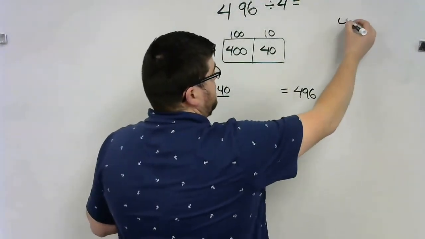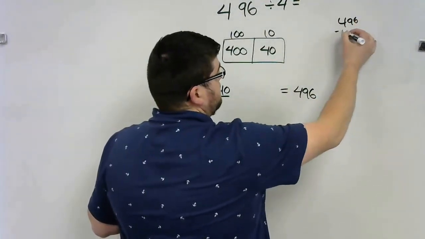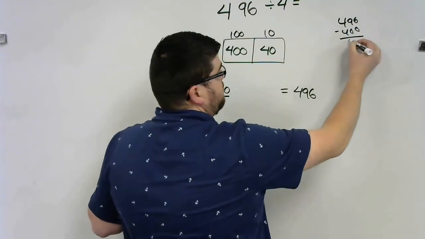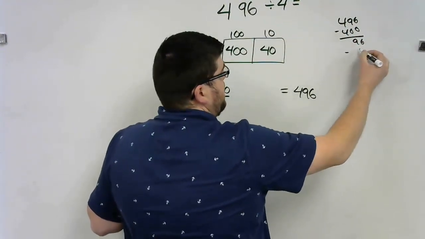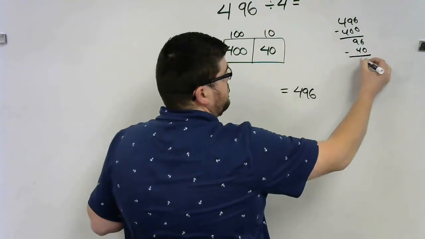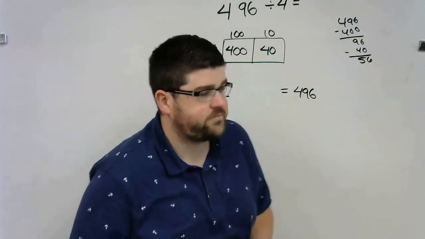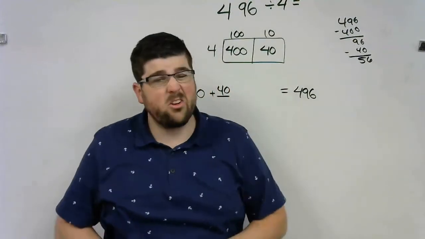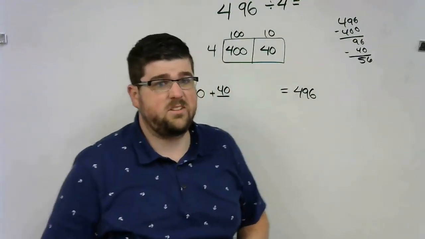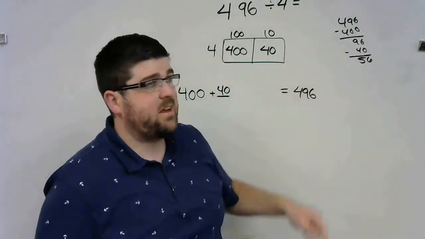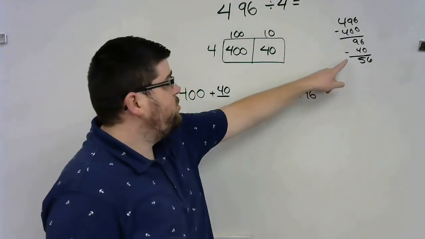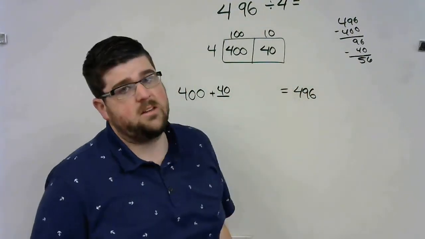For those of you keeping track, I had 496. We took care of 400, which left 96. Now we just took care of 40, so we have 56 left. Can I use another group of 40 to get towards that 56? I can. That's going to be my next step, is that you take away groups of 10 until you get to that final answer.